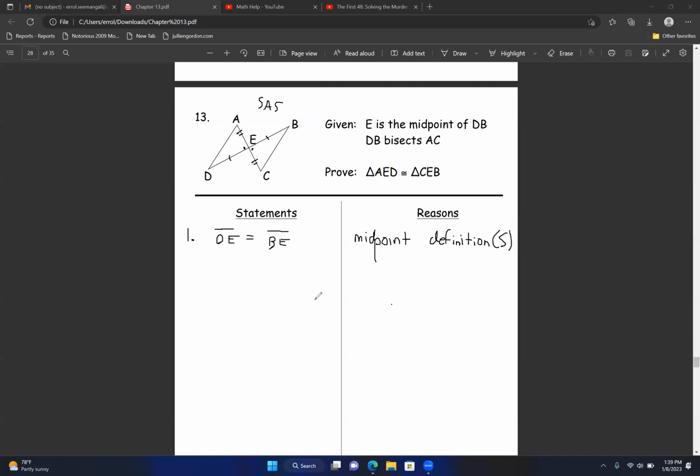Second one, what's the angle? Angle AED would equal angle CEB. What's the reason?